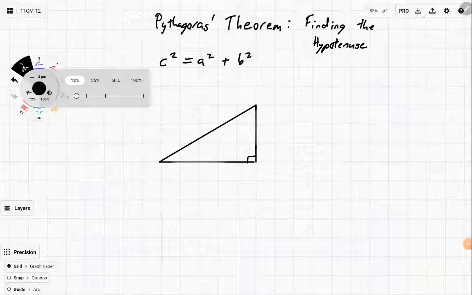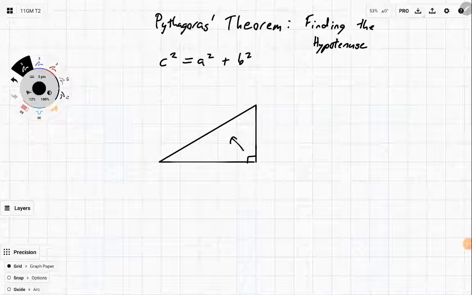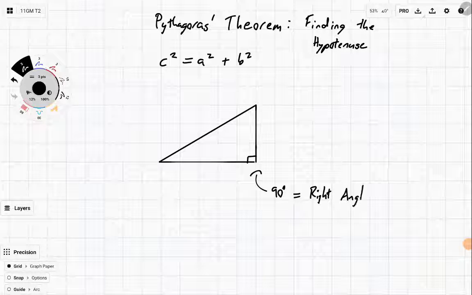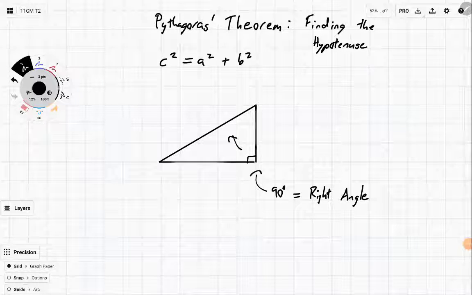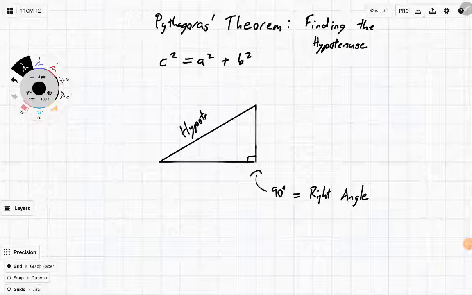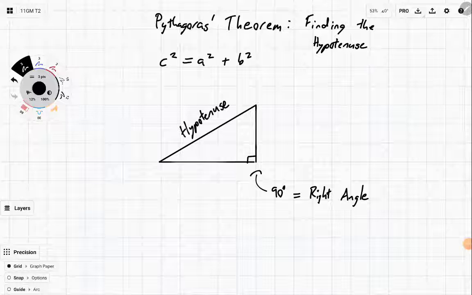Now, the side opposite the right angle, so the right angle here is 90 degrees, we're going to find the hypotenuse. Now, the hypotenuse is the longest side. It's always going to be the longest side.